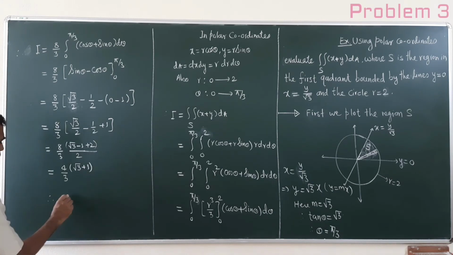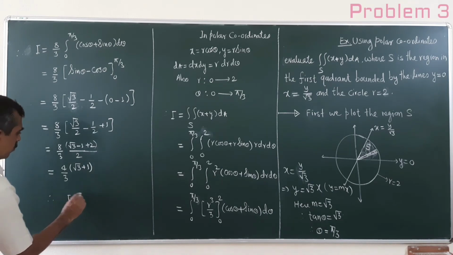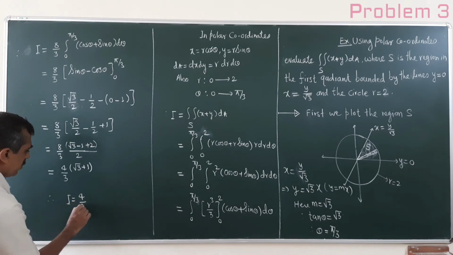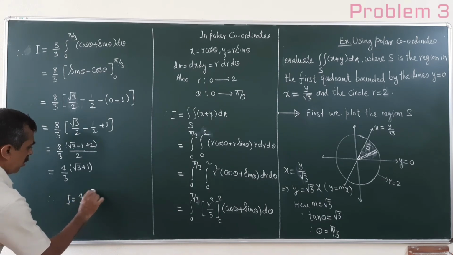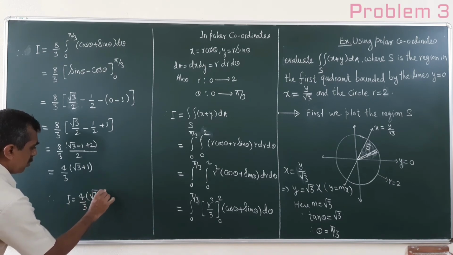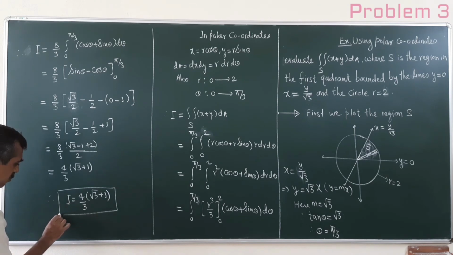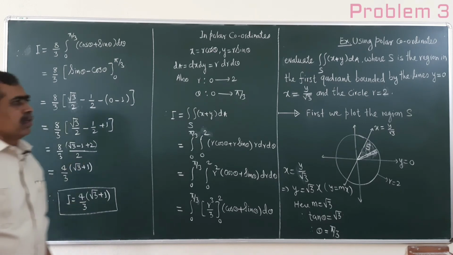So therefore your final answer is 4 by 3 into root 3 plus 1. So this is the value of your given integral.